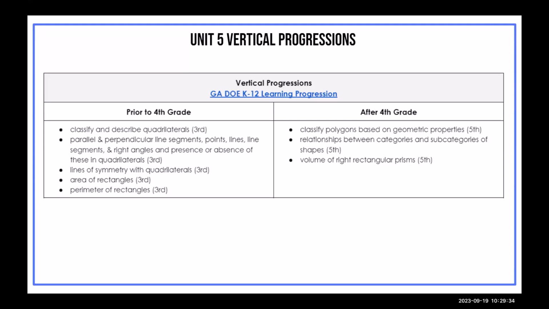And then after fourth grade, fifth graders are going to be classifying polygons based on geometric properties. Fourth grade is the grade level where angle measurements are taken for the first time.